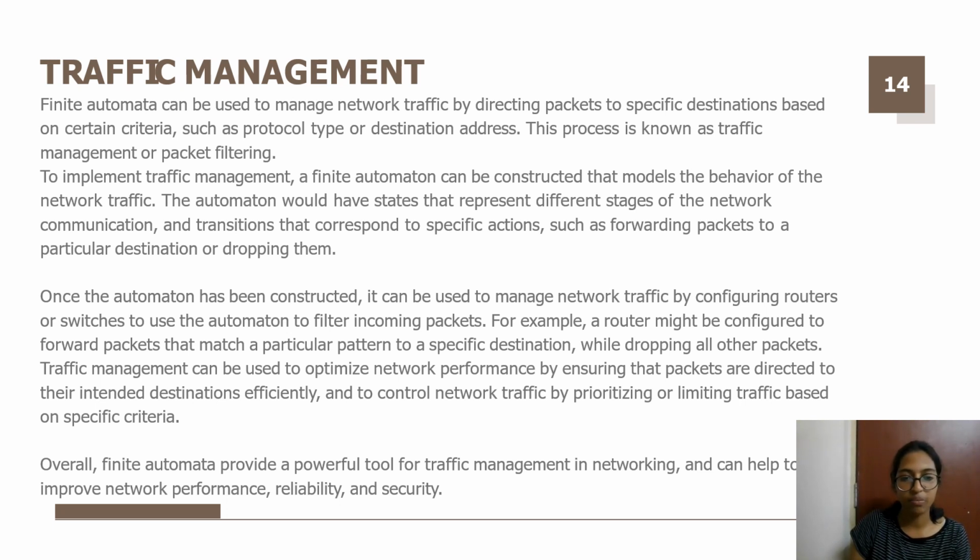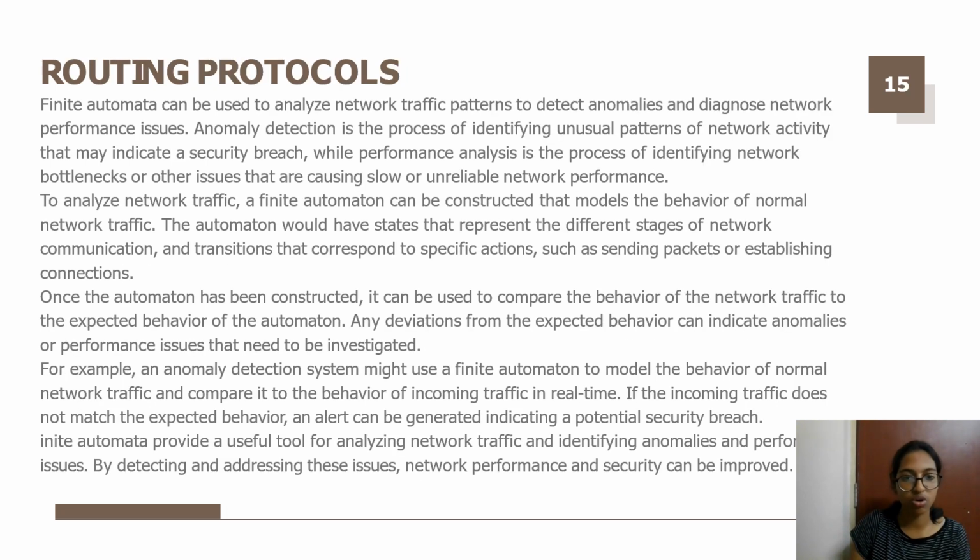Traffic management can be used to optimize network performance by ensuring that packets are directed to their intended destinations efficiently, and to control network traffic by prioritizing and/or limiting traffic based on specific criteria. Overall, finite automata provide a powerful tool for traffic management in networking and can help to improve network performance, reliability, and security. The other one is routing protocols.